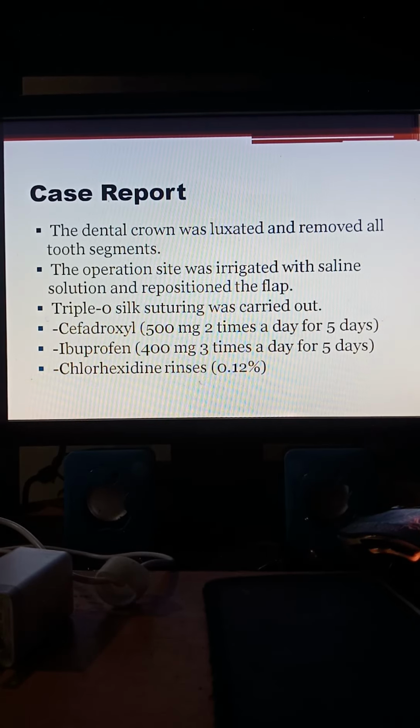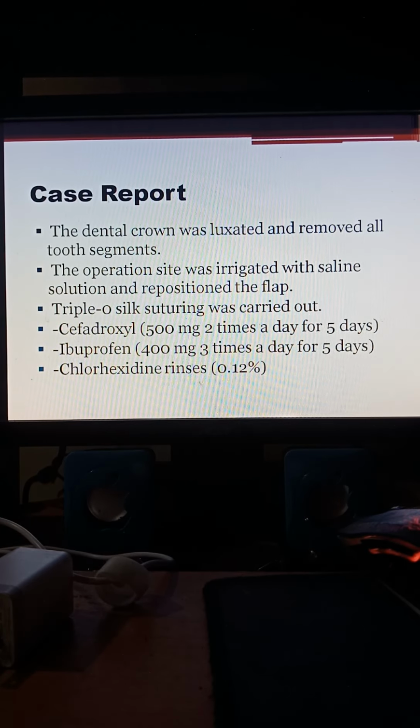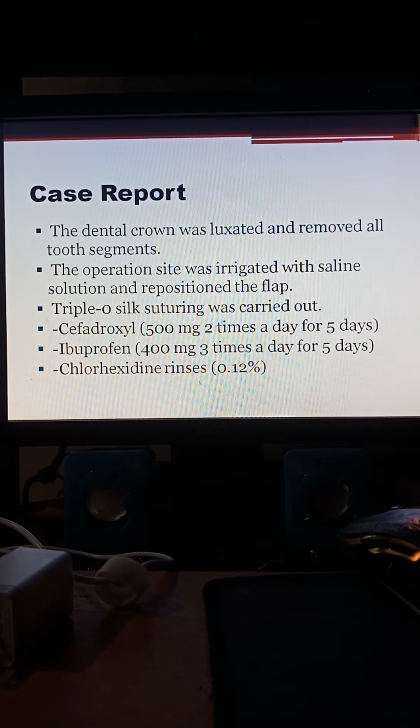The dental crown was luxated and all tooth segments removed. The operation site was irrigated with saline solution and the flap repositioned. 3-0 silk suturing was carried out.